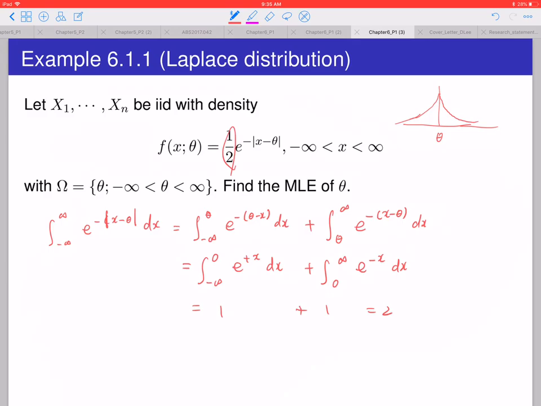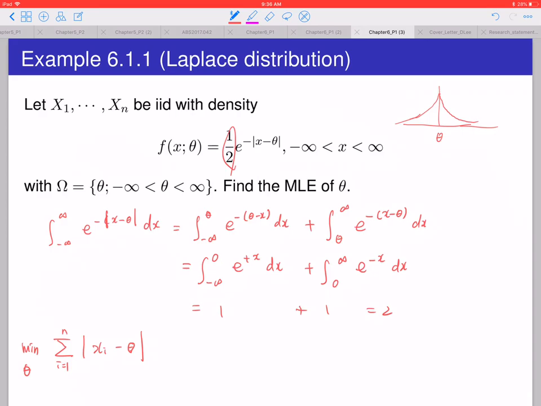And the maximizer actually becomes a minimizer of this one, right? So how to find the minimizer of this one? Essentially this is a piecewise linear function.